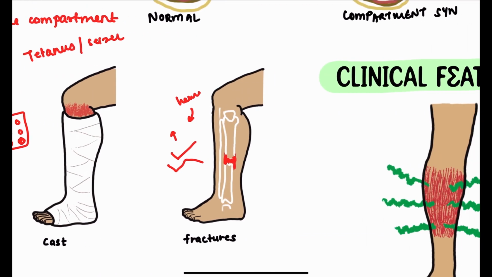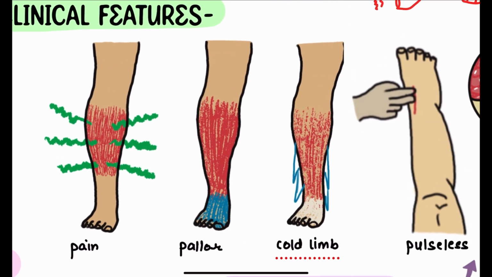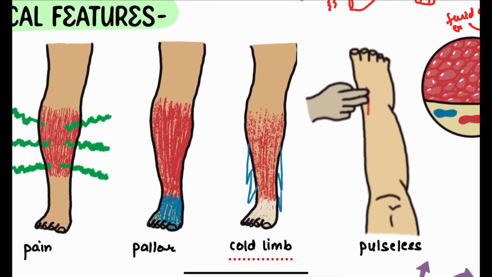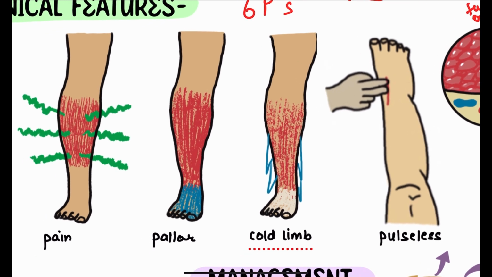Now what are the signs and symptoms? These are the clinical features of compartment syndrome, and you have to remember the 6 P's. The first 2 earliest signs are pain and paresthesia. Pain out of proportion is the earliest sign that you will see in compartment syndrome, and it is the most common clinical feature.